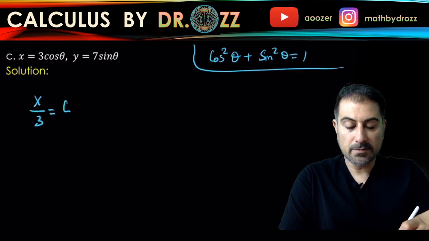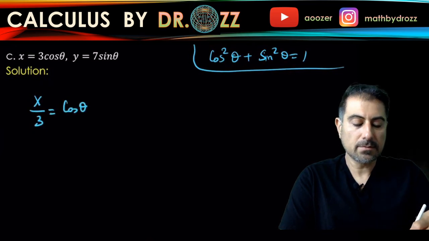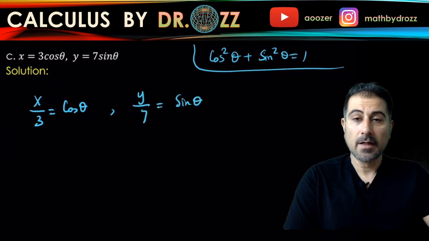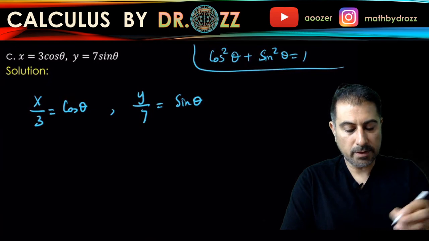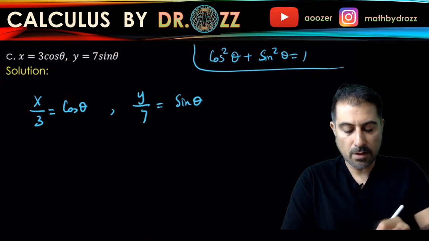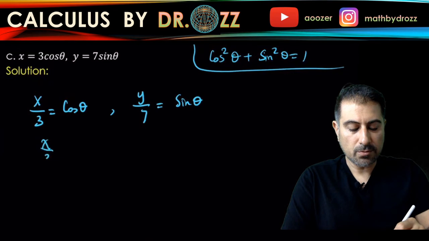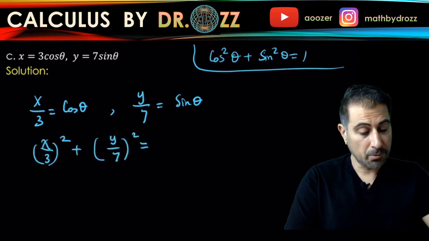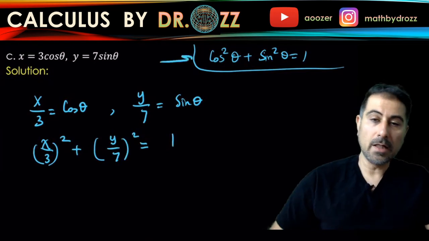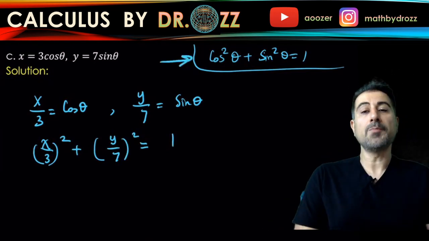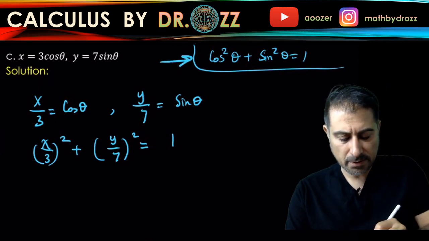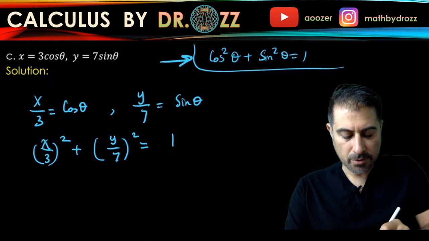And I'm going to divide the y equation by 7 to get y over 7 equals sine theta. All I'm going to do is add the squares of these. So x over 3 squared plus y over 7 squared equals 1. That's me using the Pythagorean identity. That allows me to eliminate the parameter theta. And that's a very nice representation of the equation of an ellipse.